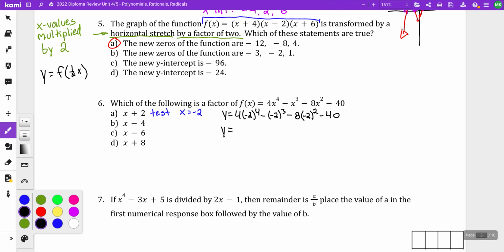You know, I don't know if I know how to use this. To the power of 3. -2 squared minus 40 equals 0. Perfect. That means negative 2 is an x-intercept, which means x plus 2 is a factor.